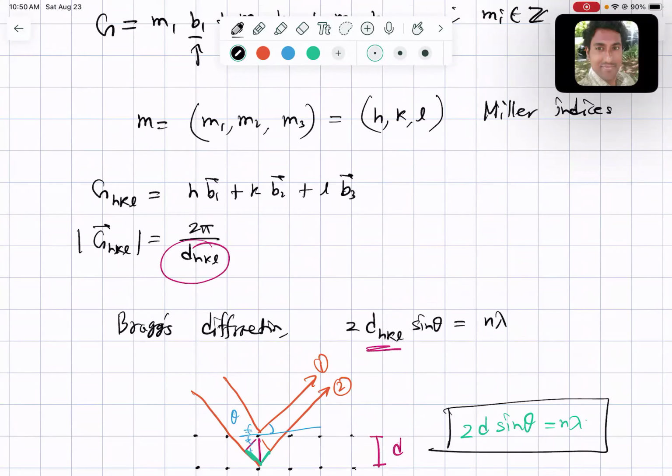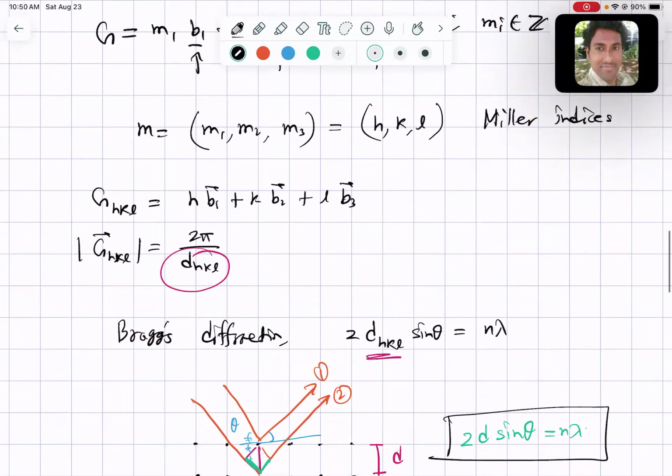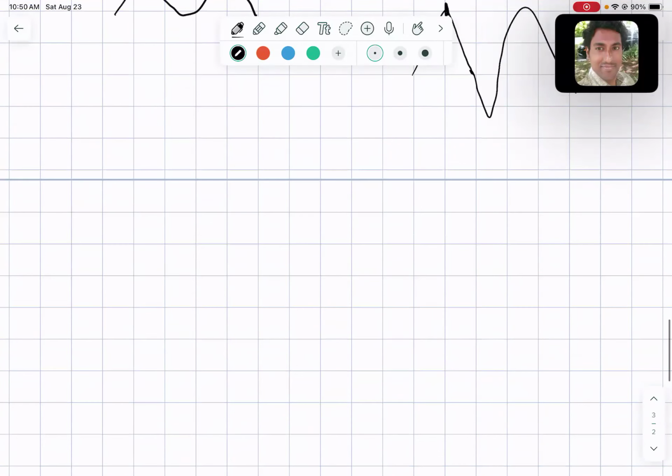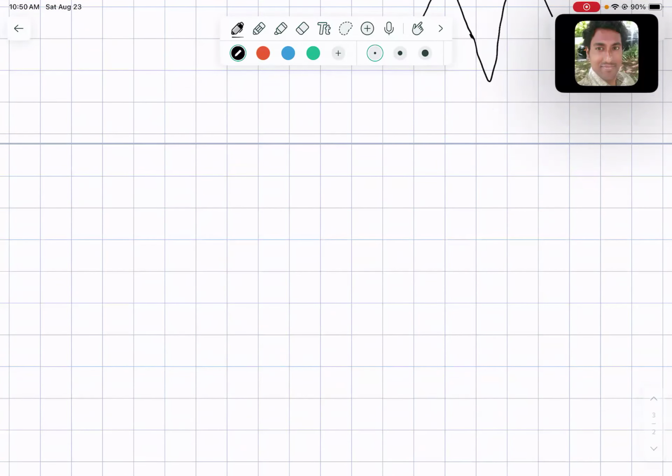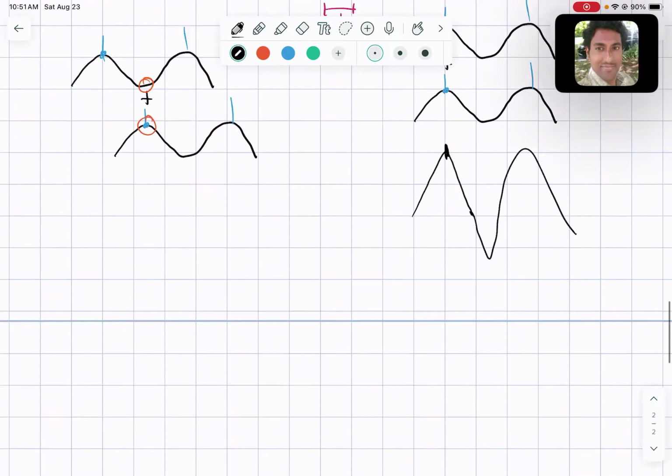Okay, so back to where we were. G is the reciprocal lattice vector, and I think I also mentioned the fractional coordinate.